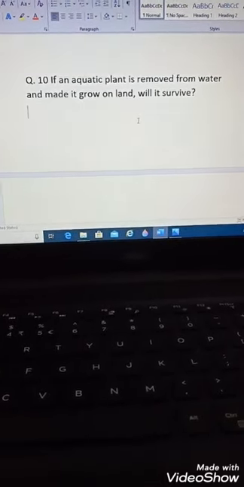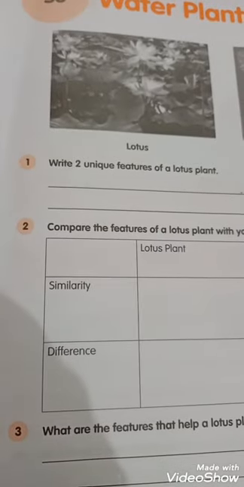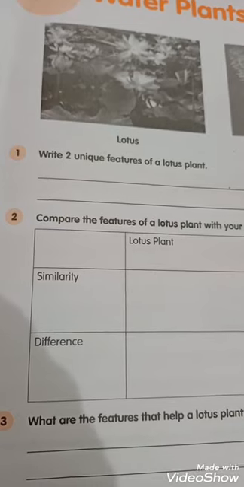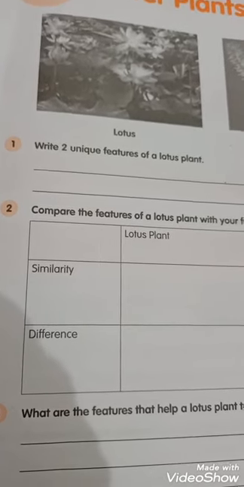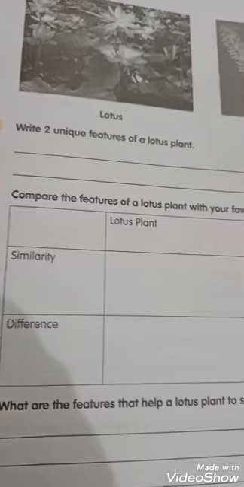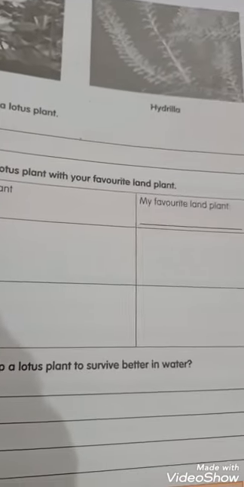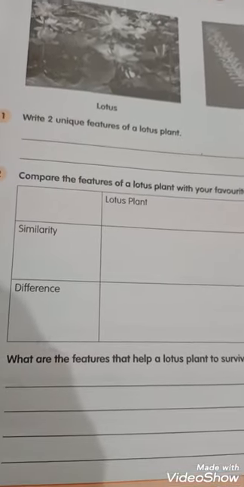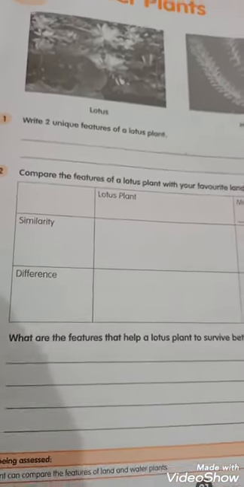Now do S3 of page number 21. Just look at this picture. It's the lotus and here is a hydrilla. The question number 1 is, write 2 unique features of a lotus plant. You have to write 2 features of the lotus plant. The next question is, compare the features of a lotus plant with your favorite land plant. You have to look at your land plant and the lotus and write about them. Similarities, what is the same in both plants, and what is the difference between them.